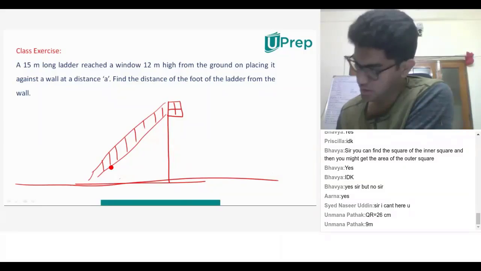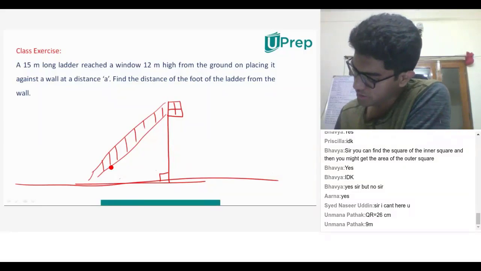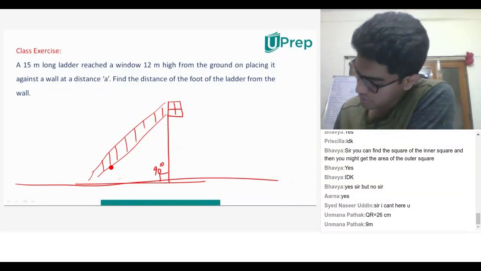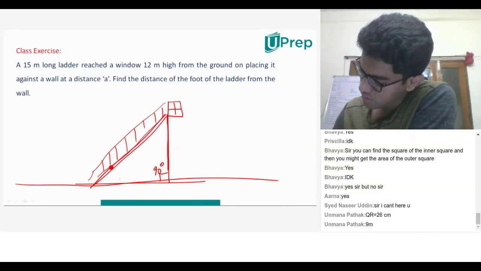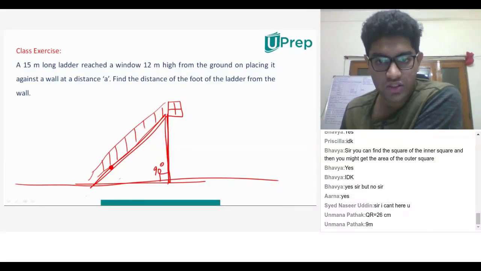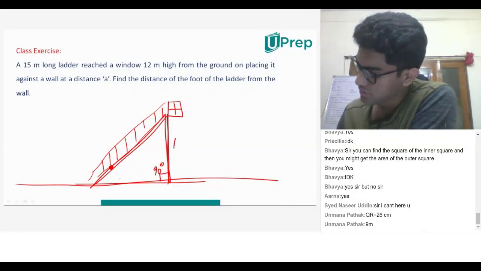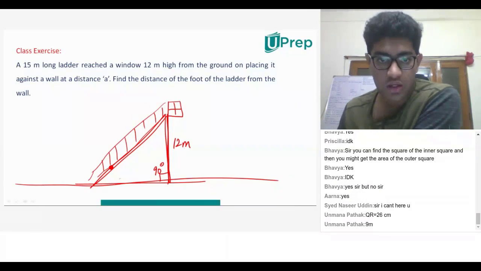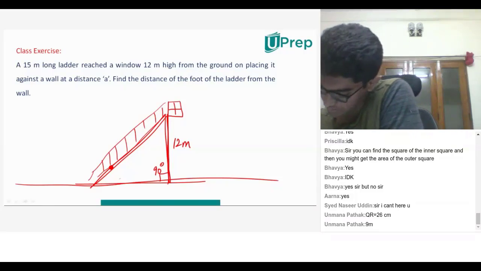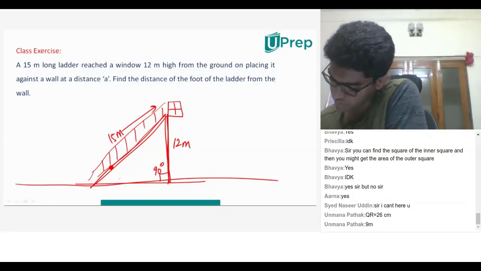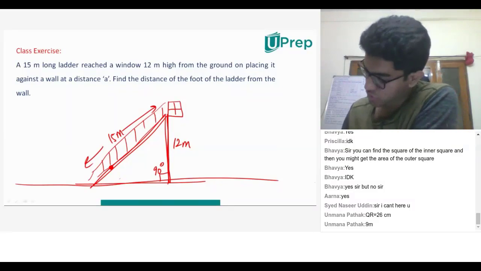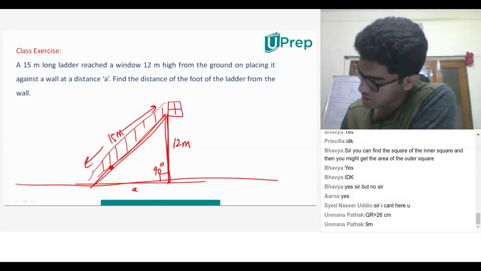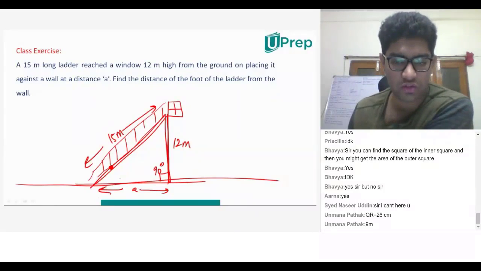This wall is forming a 90-degree angle. The ladder is 15 meters long, at a distance A from the wall. This distance is A. He's asking us to find this.